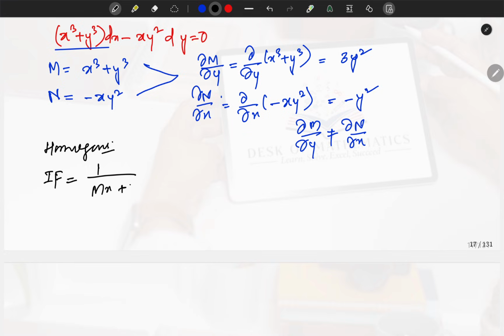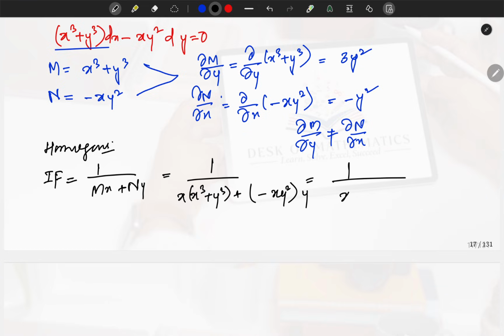1 by M x plus N y. So that is 1 by, what is our M? x cube plus y cube, and you have to multiply by x, plus N, which is minus x y squared, you have to multiply by y. So you will get 1 by x to the power 4 plus x y cube minus x y cube, and you will get 1 by x to the power 4.